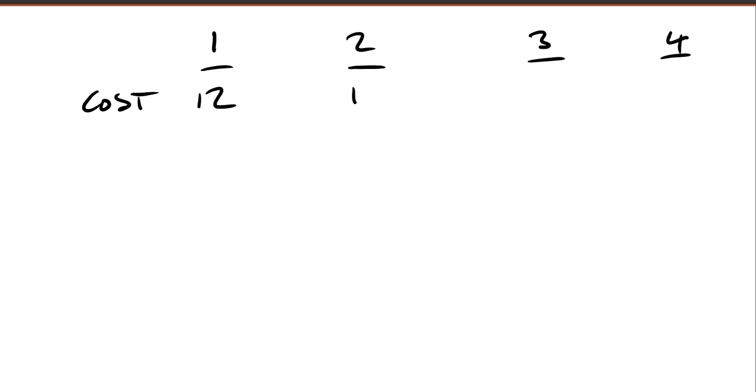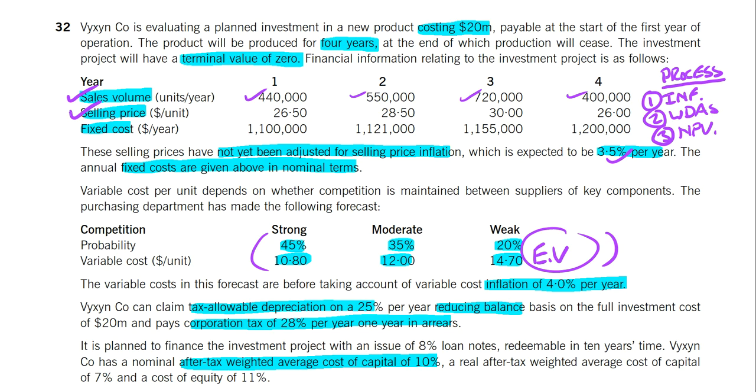So the inflation for the variable costs is going to be year 1, 2, 3 and 4. We know that the cost is going to be 12. And the inflation was expected to be 4%.